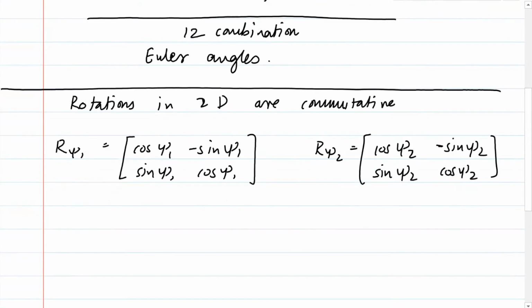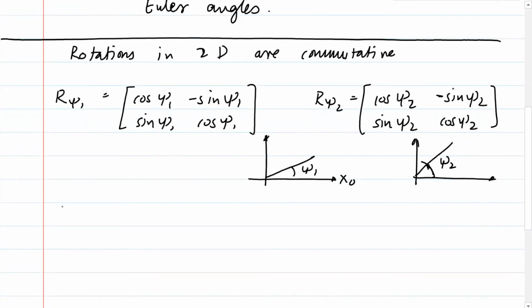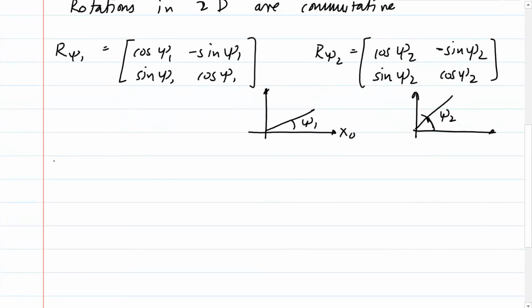Okay, so we have 2 rotations, and what that means is we are rotating about the same axis by psi 1, and then by a different angle psi 2. Now, if you do these 2 rotations, psi 1 followed by psi 2, you'll end up with this formula, which is basically replacing psi 1 with psi 1 plus psi 2.